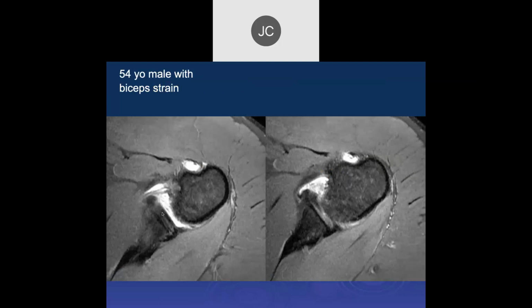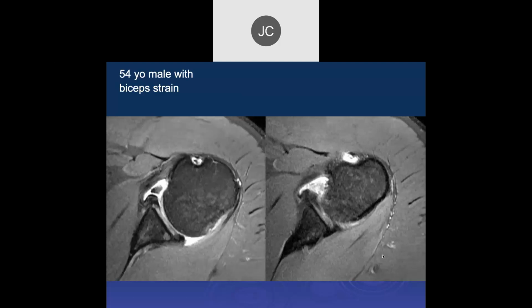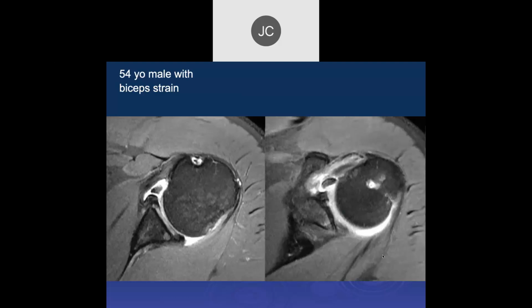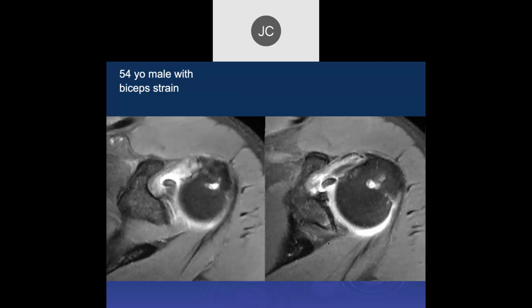So the history was the patient had a biceps strain. The patient's a big weightlifter. So, a 54-year-old male with biceps strain. On the axial views, I'm not sure if I even see the biceps tendon. Maybe there's some sort of remnant. So it's torn, and is it into the joint space? Is that right there?